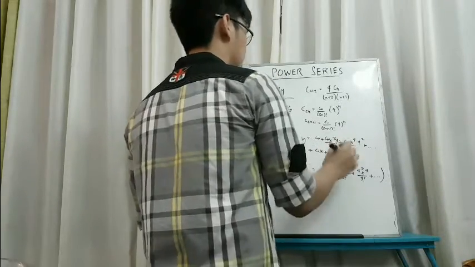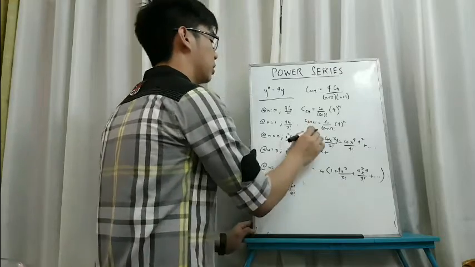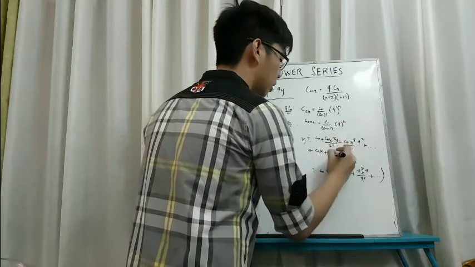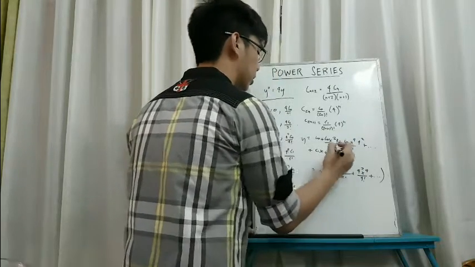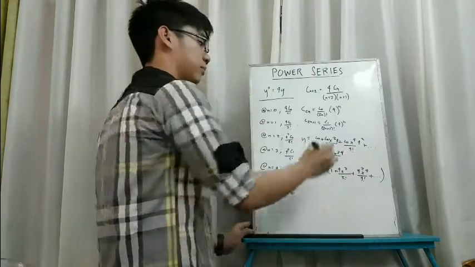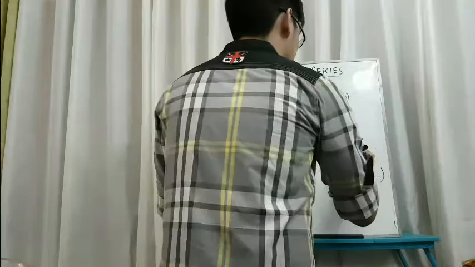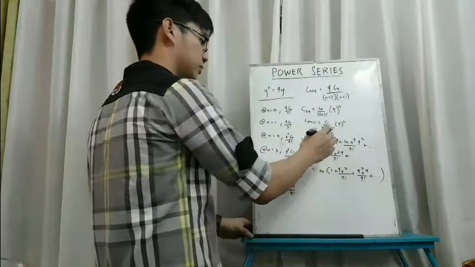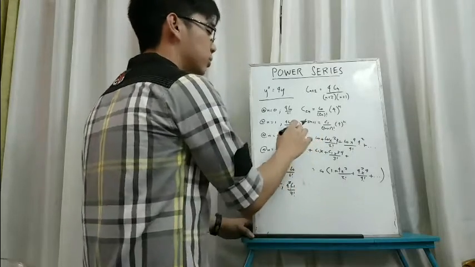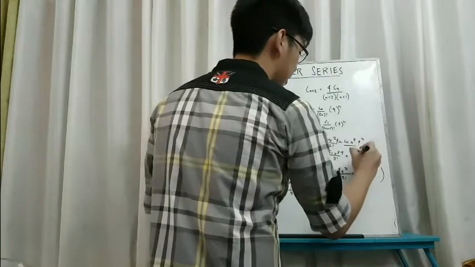Okay, so for the next, at n is equal to 1, 2 plus 1 is 3, so there should be x cubed there, all over 3 factorial times 4, as it is 4 raised to 1, plus at n is equal to 2, 2 times 2 is 4 plus 1 is 5, so C5.